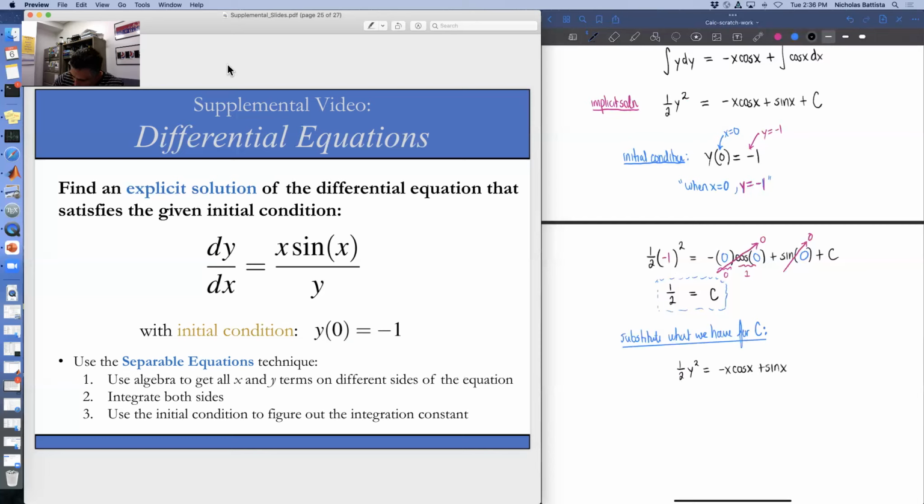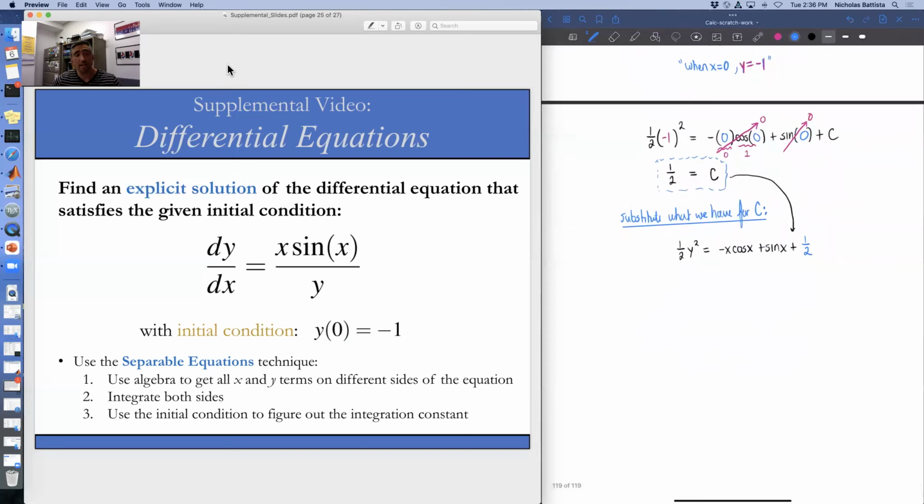And instead of c, we can write a plus 1/2. Now this solution is all fine. It's an implicit solution because we have some relationship between y and x, as in a function of y on the left-hand side equals a function of x on the right-hand side. So again, function of y on the left, function of x on the right. But what we're looking for in this problem is an explicit solution where we're looking for y equals some function of x alone.